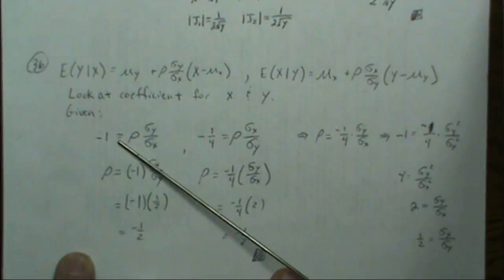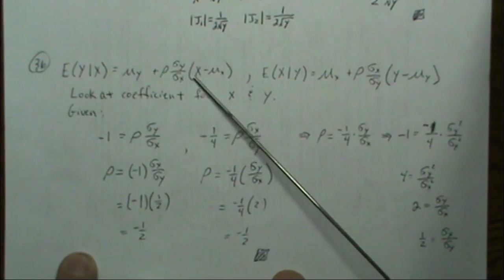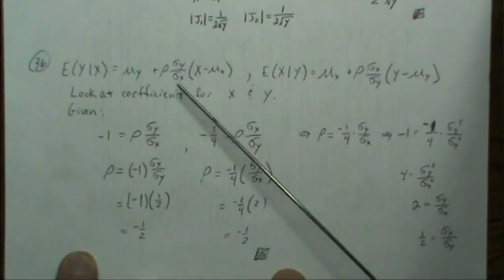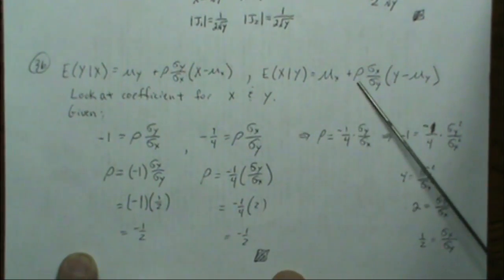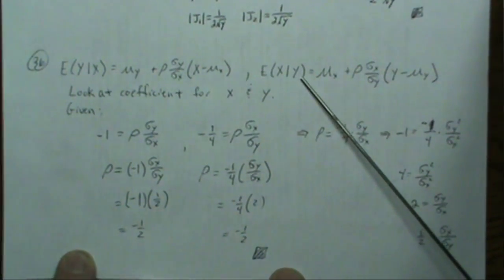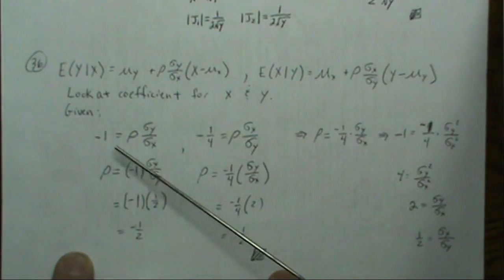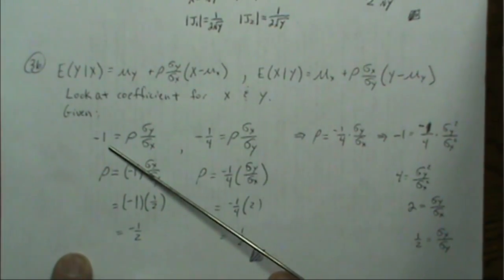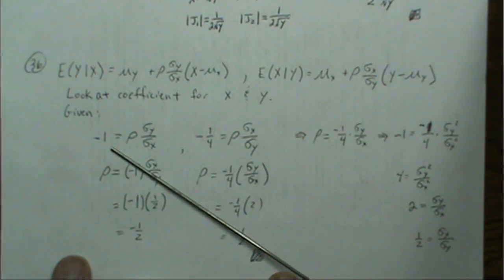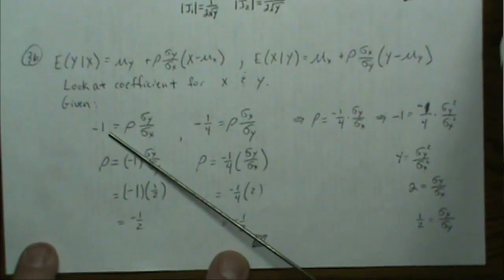And we want to look at the coefficients for x and y, because here's the coefficient for x, and there is a correlation between x and y. And this correlation is the same here. So we can grab two equations, and here the coefficient in front of x in y given x is, let me double check that, -1.